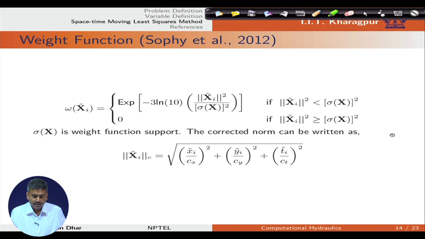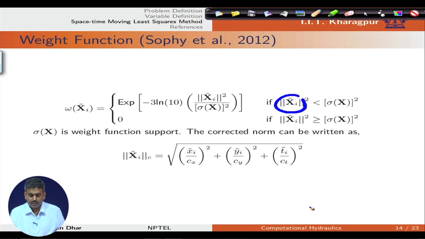Now, we can further correct the norm. This is a directly calculated norm, but the problem is that due to the order changes in x, y and t, it may create problems in the weight function definition.